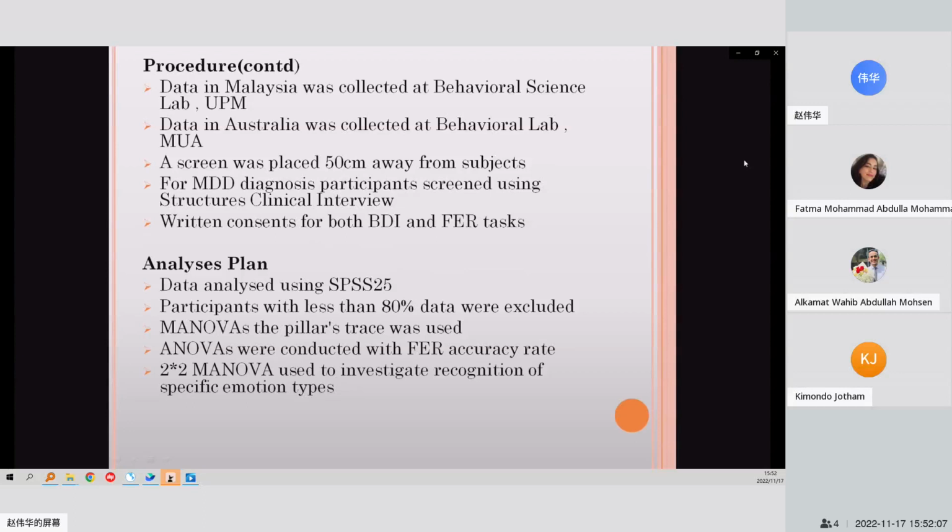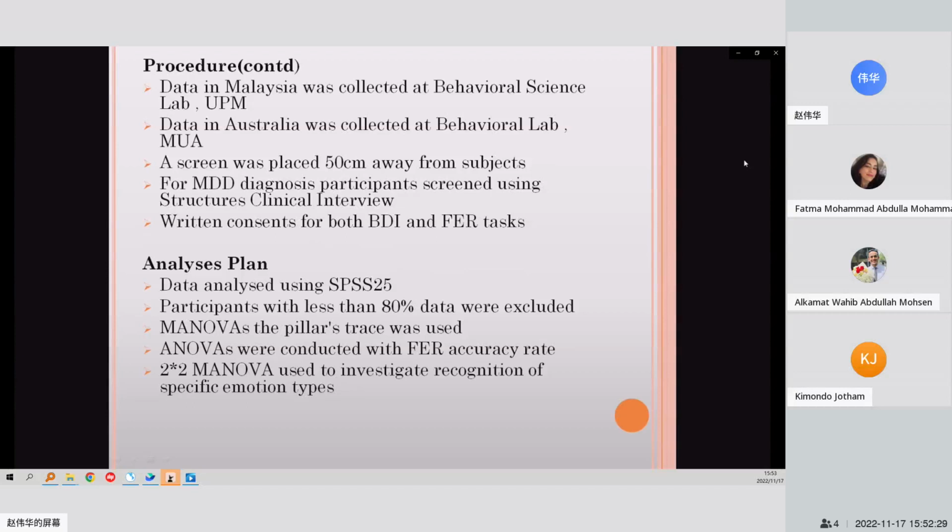Let me explain the analysis plan. Data was analyzed using the Statistical Package for the Social Sciences, also called SPSS, which is very popular in statistical analysis.